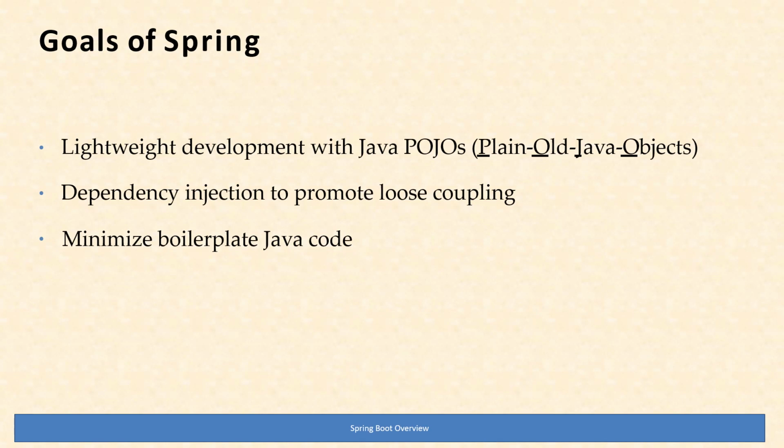So there are four kinds of binding that we are going to understand: a class to form, a form to a class, a class to JSON and JSON to a class, a class to XML and XML to a class, and a class to a database table and a database table to a class. All these forms of binding are available, and Spring makes use of these POJOs, and later we can work with those bindings, and that's how development will happen in Spring.